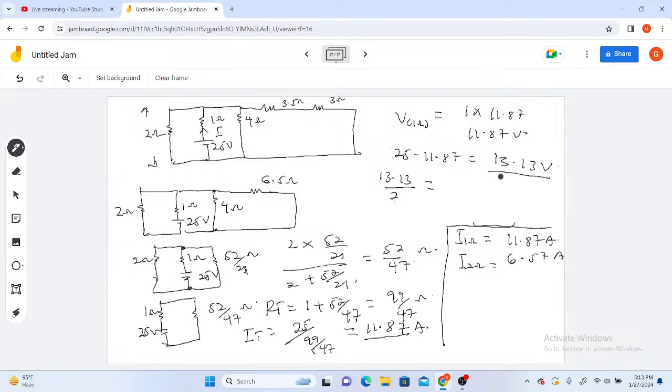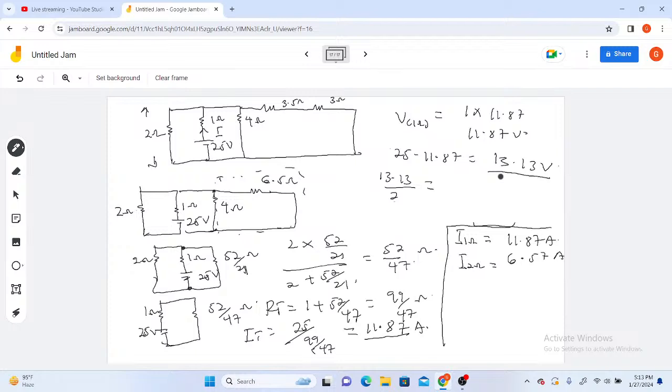That's the voltage across this connection. Please take note, this 52 over 21 represents this combination, meaning the voltage across this whole side is equal to what? 13.13. You can clearly see that this is parallel and this whole side is also parallel. So the voltage across this whole thing is 13.13.